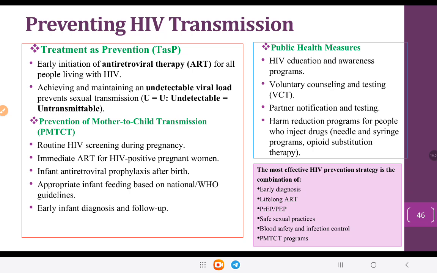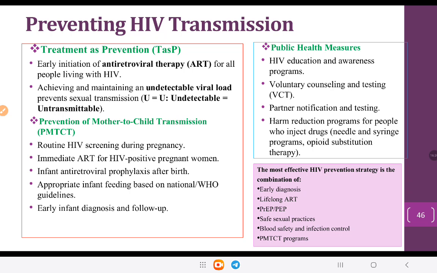Routine HIV testing for every pregnant woman. When a pregnant woman is found infected with HIV, start ART immediately to prevent transmission to the child. When a child is born to an infected mother, start antiretroviral prophylaxis after birth.